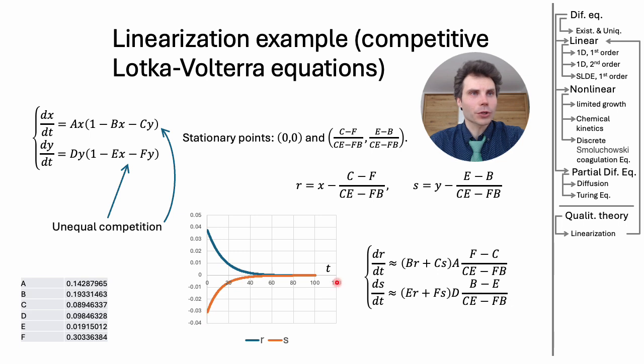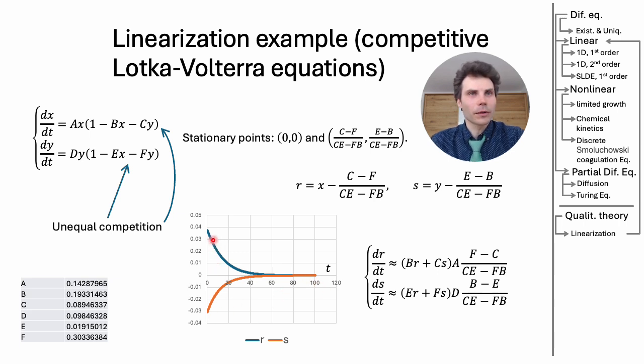They would be converging to the stationary states that are too remote from each other, and it would be difficult to fit on the same chart. But the qualitative behavior of X and Y can be seen from this plot of R and S as well.